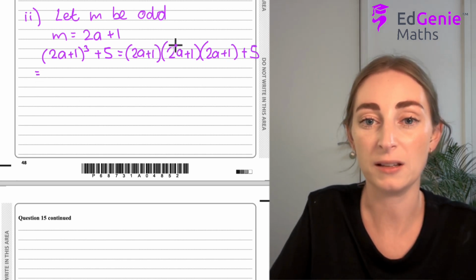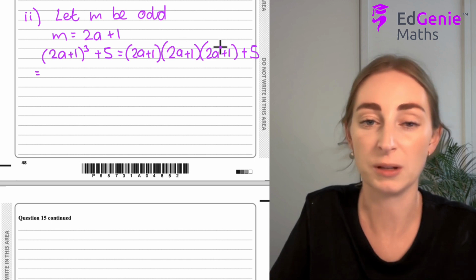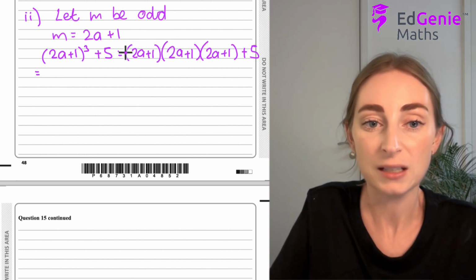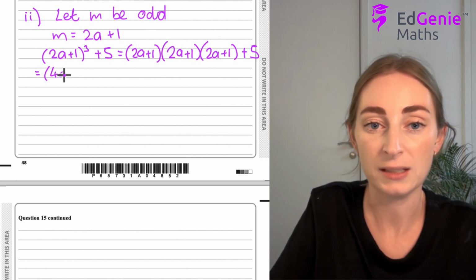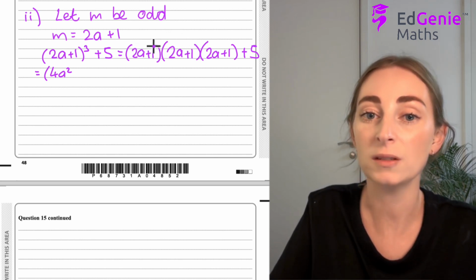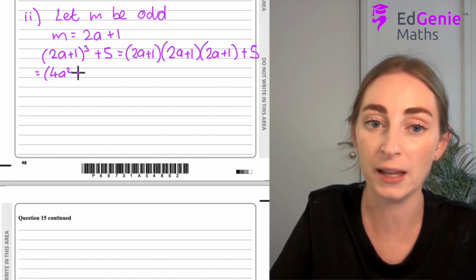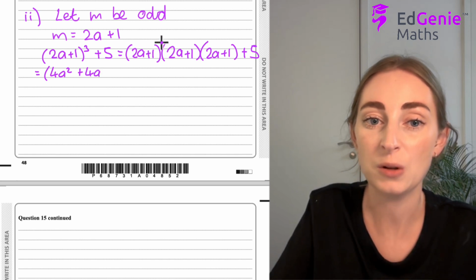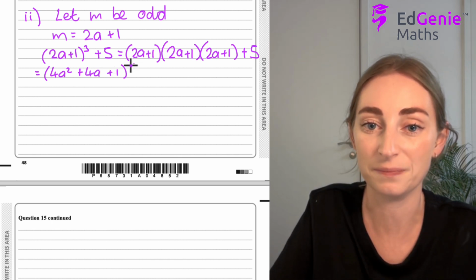Right, let's multiply these two brackets and then we'll multiply it by that one. 2a times 2a is 4a squared. 2a times 1 is 2a. 1 times 2a is another 2a, so that's going to be 4a. 1 times 1 is 1.